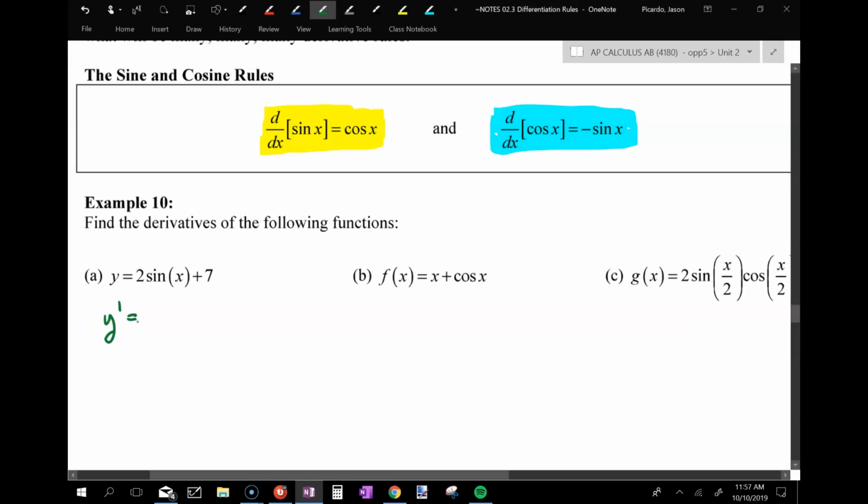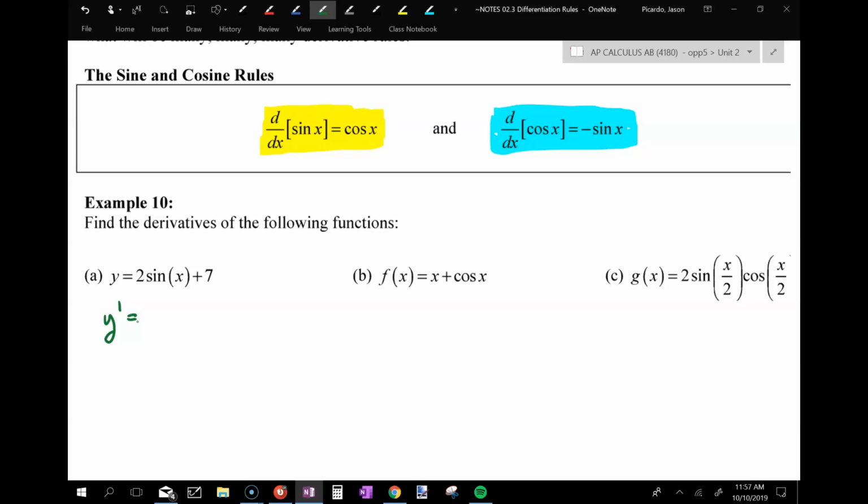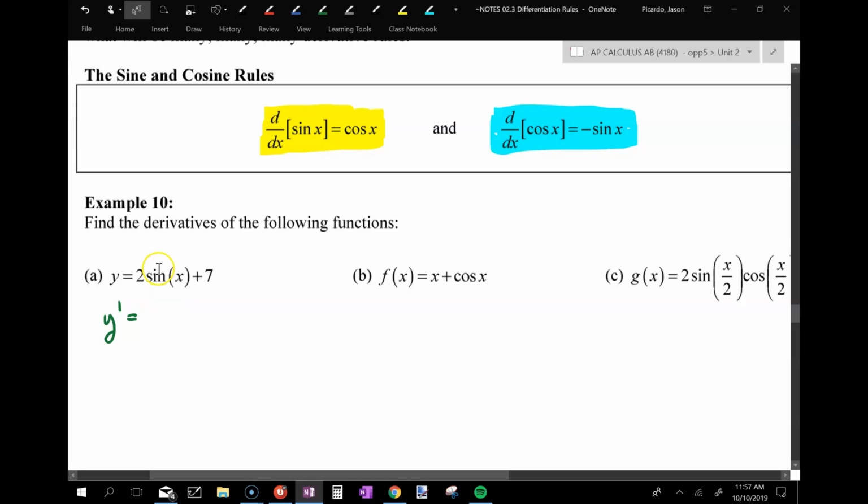Okay, ready? 2 sine of x plus 7. What's the only thing there that I can take a derivative of? Agreed. I mean, using the power rule, the 7, right? So I have to know how to take the derivative of sine, and that's just memorizing the fact that the derivative of sine is cosine.